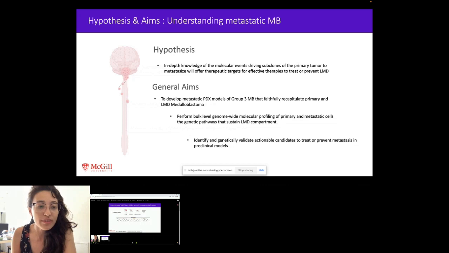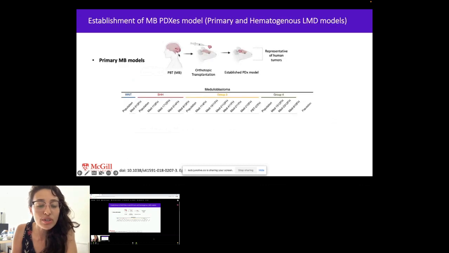First, we need to develop the primary medulloblastoma models that are representative of the human tumors. For this, we have worked in collaboration with the University of Washington in Seattle, who provide patient-derived xenograft lines, which is just cells of tumors taken from the patients and injected into the site of the tumor in mouse.